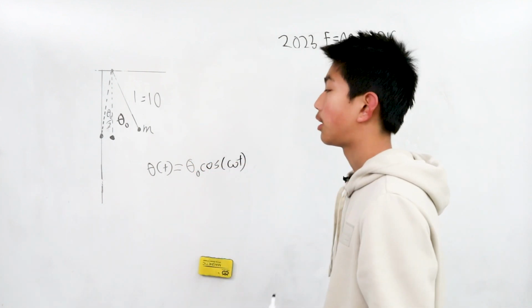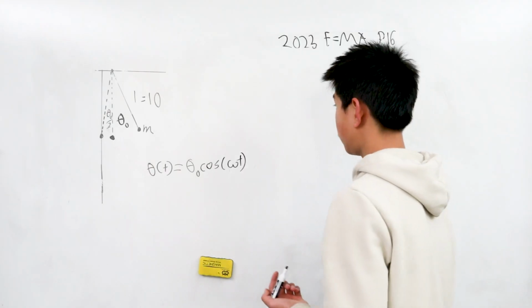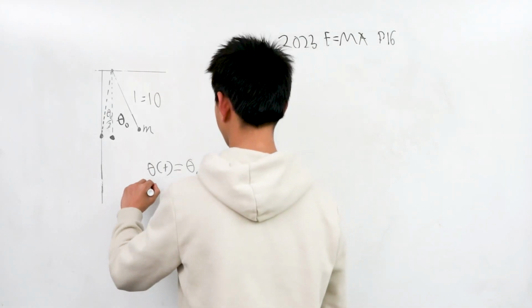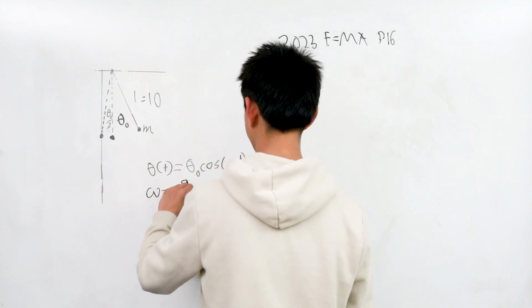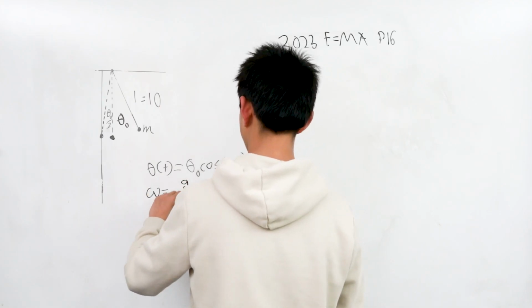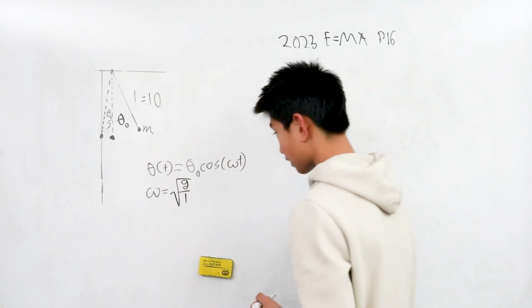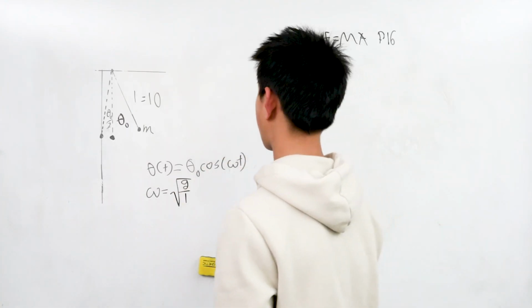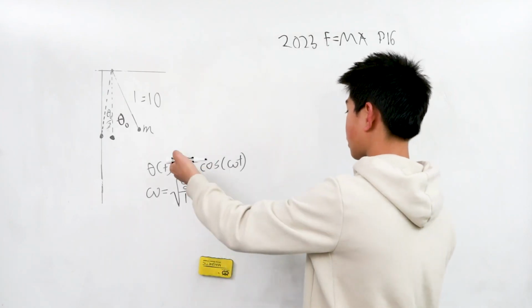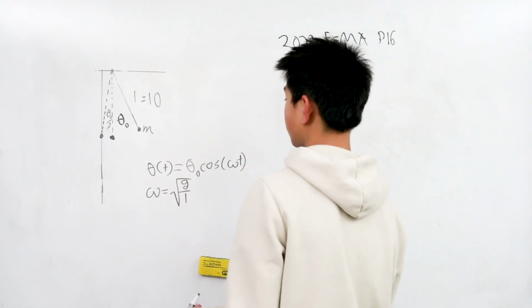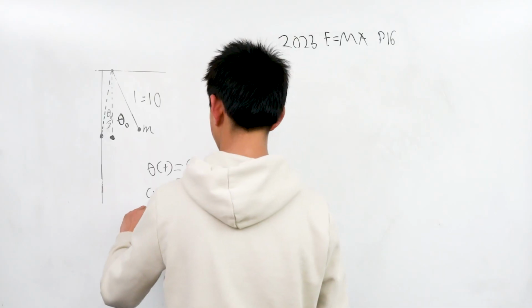And this is simple harmonic motion, where omega is equal to the square root of g over the length of the string.